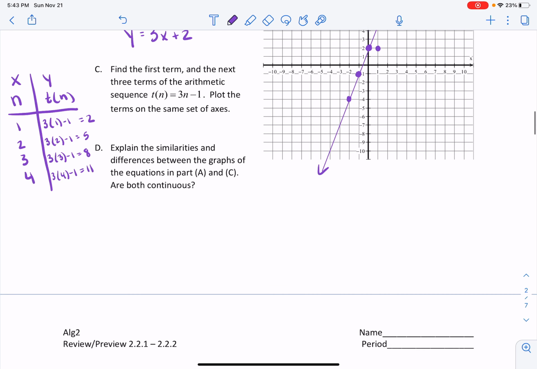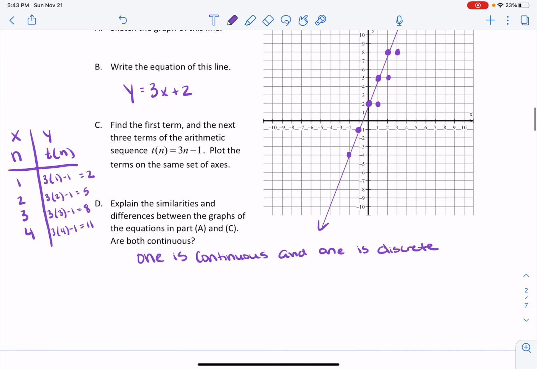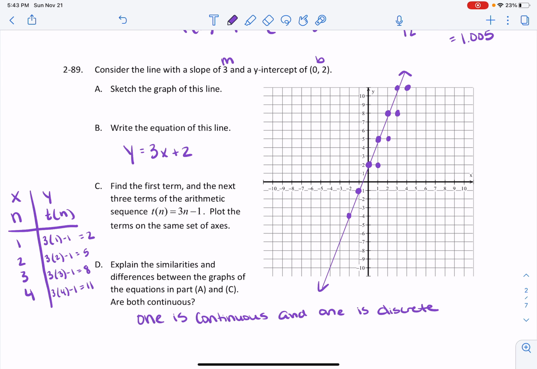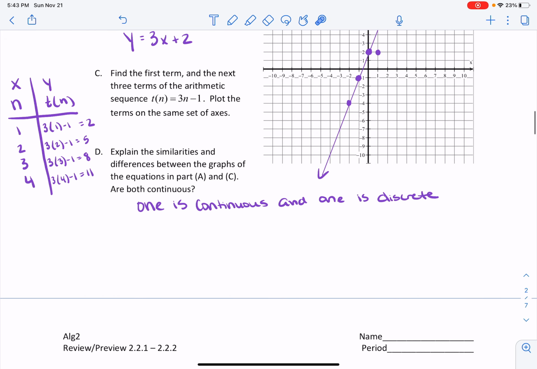So that's part of explaining the similarities and differences. We can say one is continuous and one is discrete. They have the same slope. If you can see that, they're both going up 1, 2, 3 over 1, up 1, 2, 3 over 1. And you can see that in the equations as well.